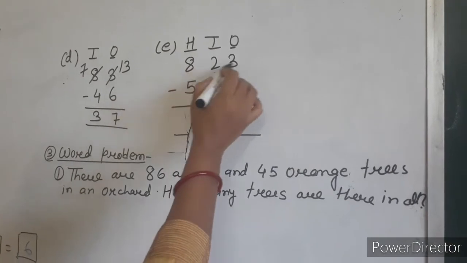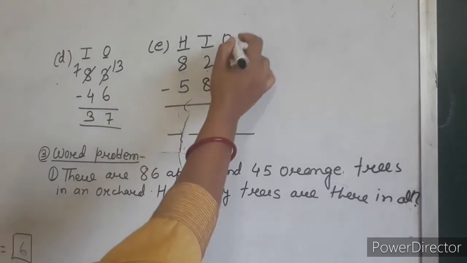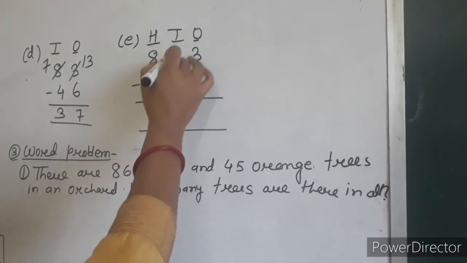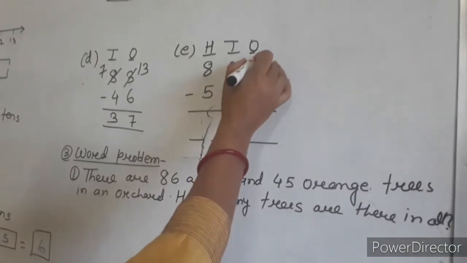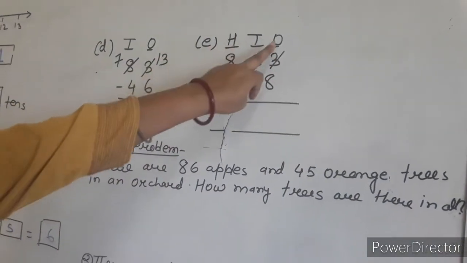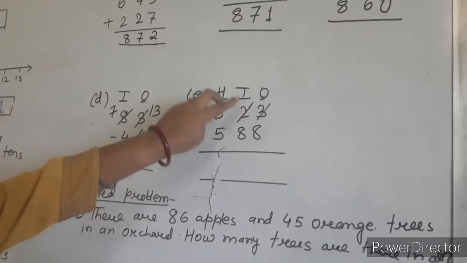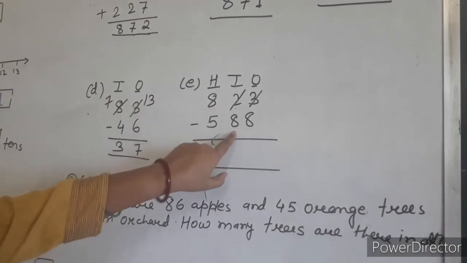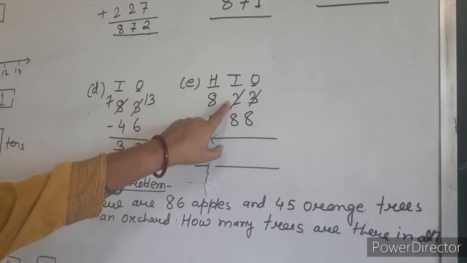Number D, 823 minus 528. Again we just start from the ones place. Here we have to do the same thing. This number will take a number from, here you can see that in the ones place and in the tens place, both the numbers are smaller than the lower numbers.